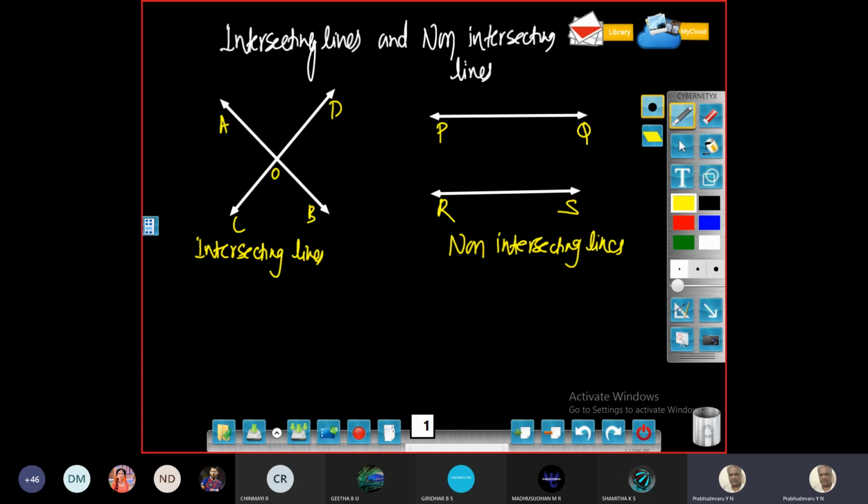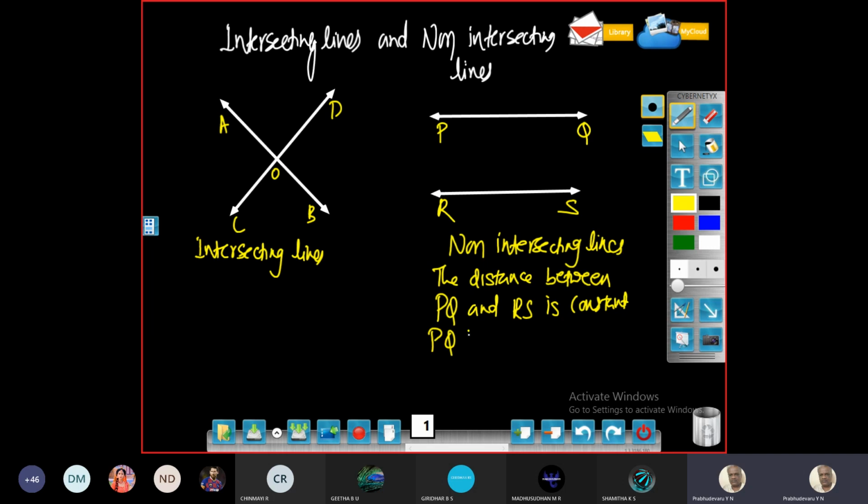And you can see in the non-intersecting lines, the distance between them is always constant. So here, the distance between PQ and RS is constant. Everywhere you can measure the distance between these two lines, it is constant.